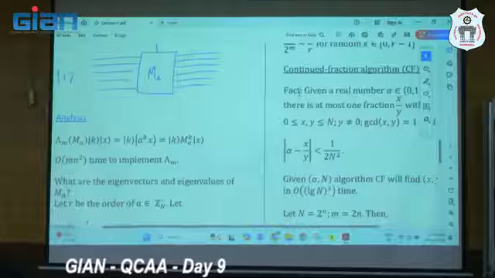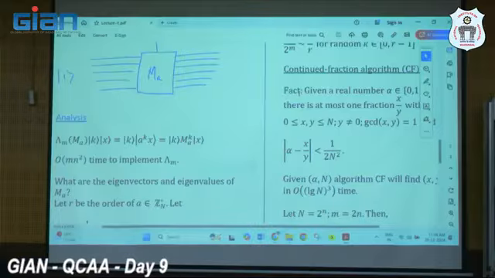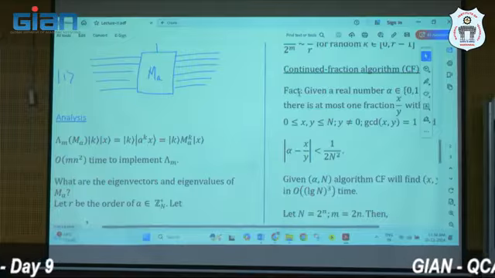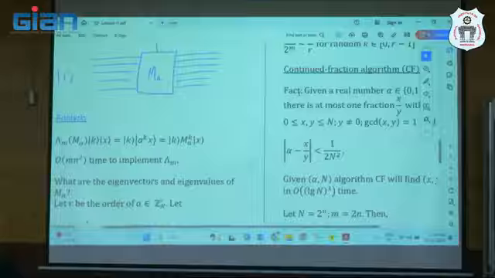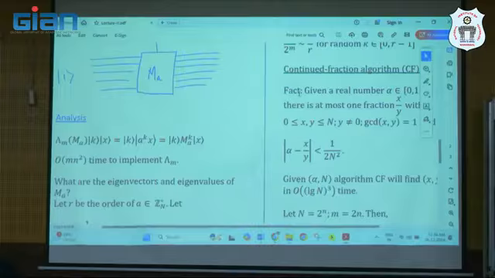And then n square for each multiplication. It is important to remember we are going mod N, otherwise that number would have grown very big. But we are staying mod N. So this is the time to implement this. Eventually our m will also only be of order n. So the whole thing will now be what? n cubed, correct?